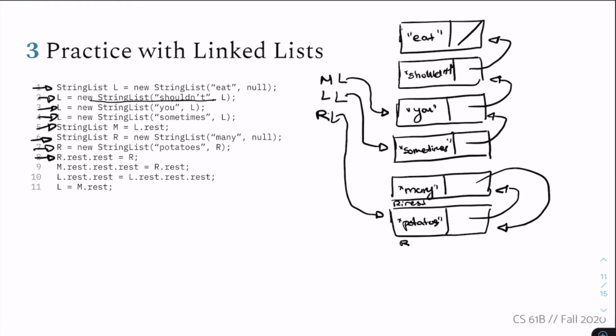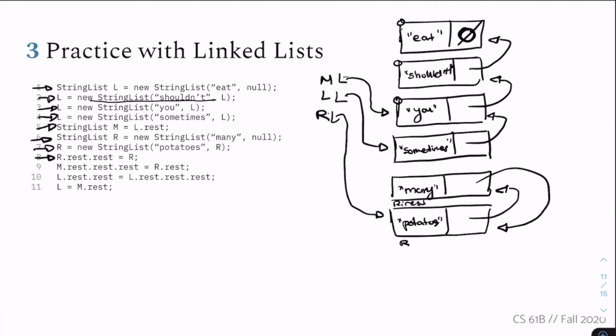Let's do m.rest equals r.rest. So we do the same thing. M points to this object. M.rest points to this object. And so the actual variable that we're changing now is m.rest.